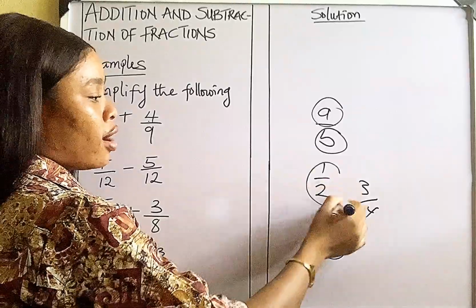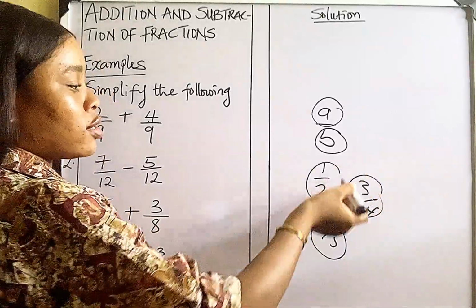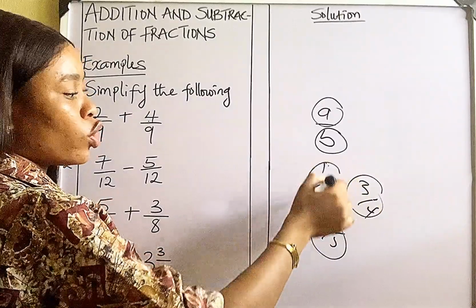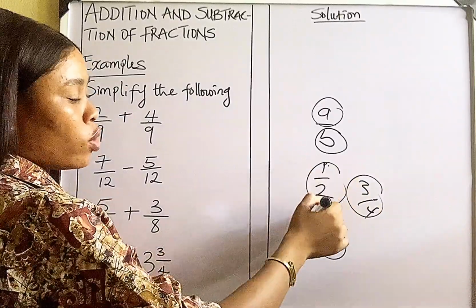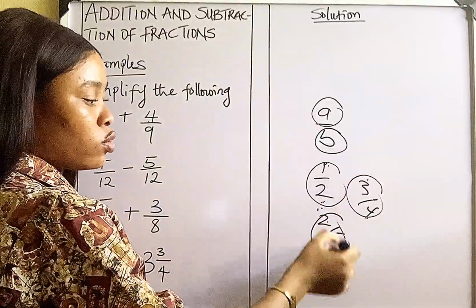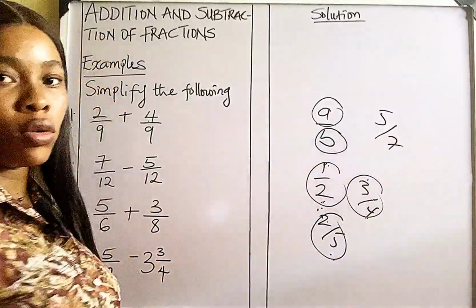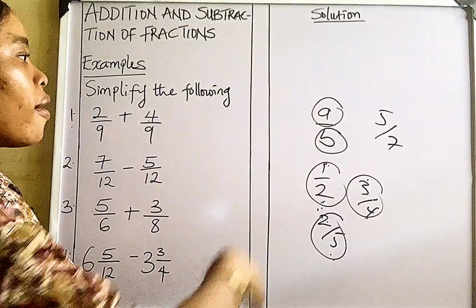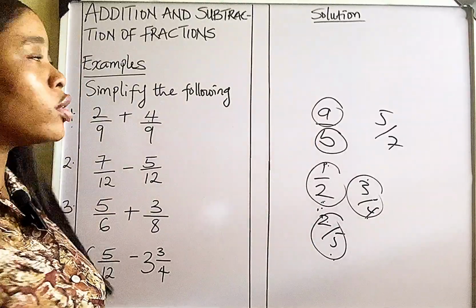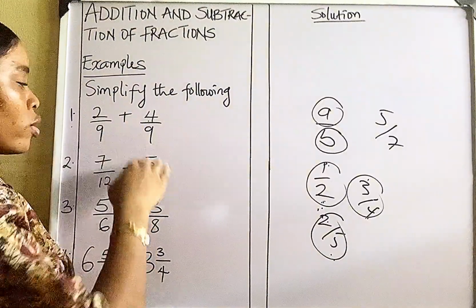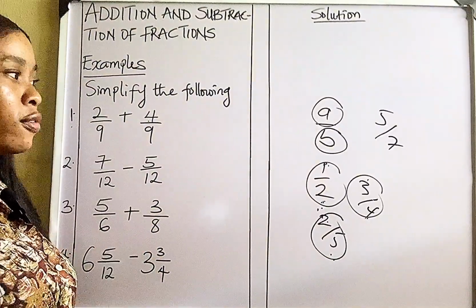All these are fractions that can be written as a ratio of two integers, 1 over 2, 3 over 4, 2 over 5, 5 over 7, and so on. So all these are fractions. Now we're looking at addition and subtraction of fractions. Now let's go into these examples one after the other.